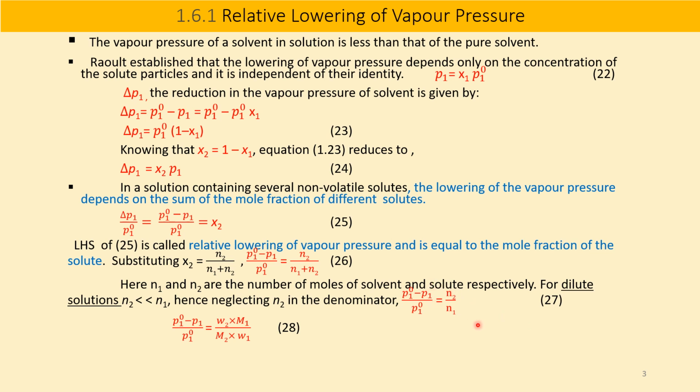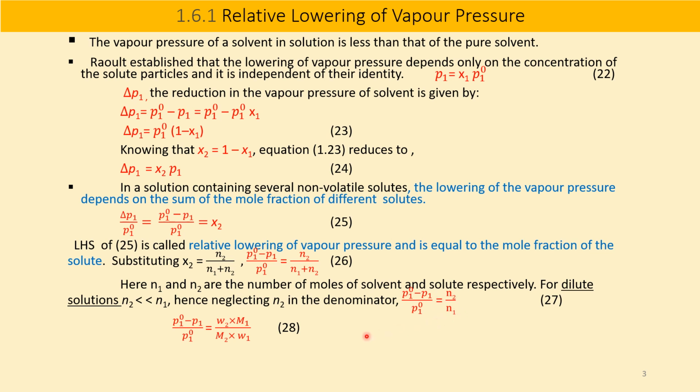We can also write equation 27 in terms of mass and molar mass. We know that the number of moles n2 is given by W2 by M2, and n1 is W1 by M1.